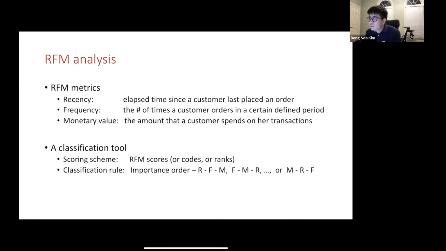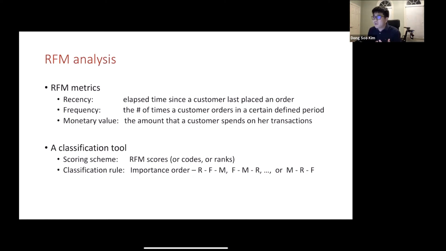For a customer, recency is defined as the time when the customer last placed an order in her transaction history. Frequency is defined as how many times the customer placed an order in the history, and monetary value is the total amount the customer spends on her transactions.